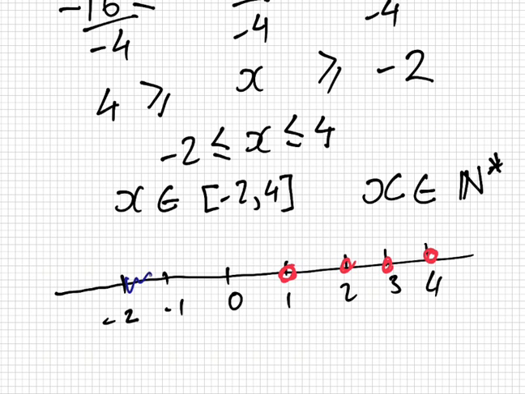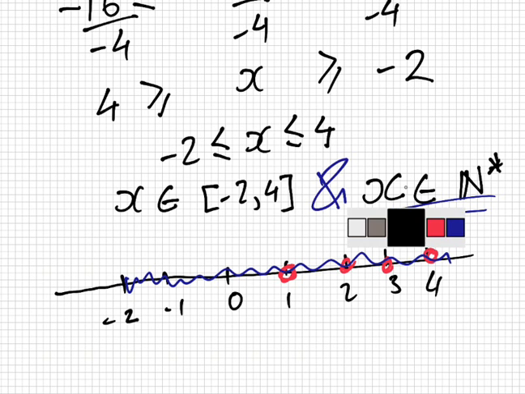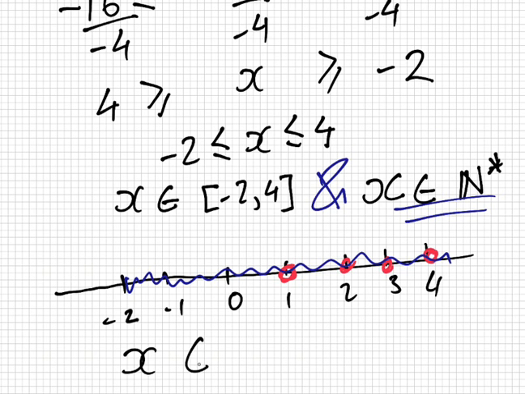So actually the answers are really only 1, 2, 3, and 4. But what about minus 1? No, because that's not a natural number, and I tell you in the question x must be natural. So this condition and this condition together means that x can only be 1, 2, 3, and 4. That's the actual answer.